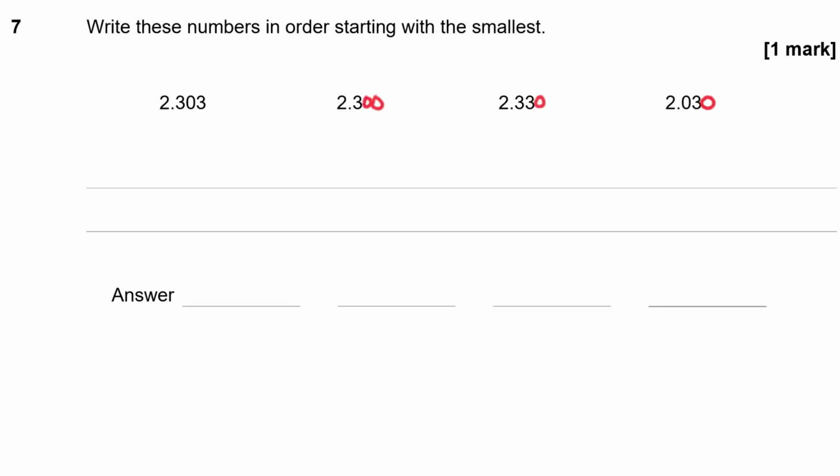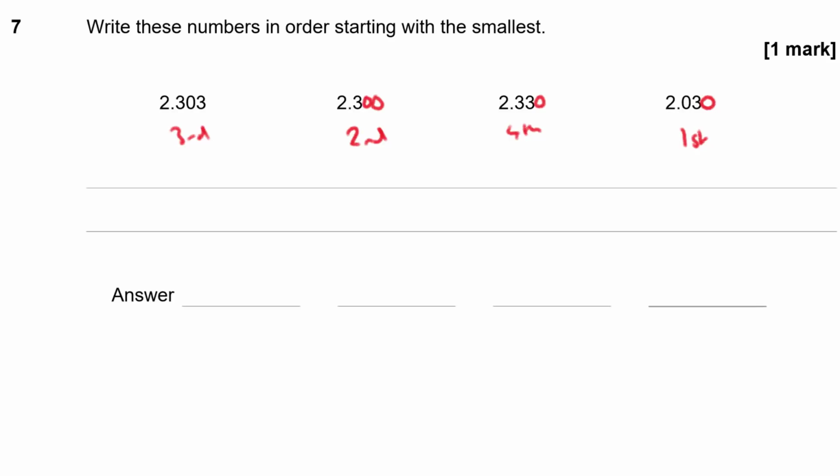So having a look at our numbers, I think 2000, now you can read them like thousands, 2030, 2300, 2303, 2330. So now I can easily see that's going to be my smallest. That one's going to come first. Then my next biggest one is going to be that one. My third biggest is that one there, and my biggest one is that one there. So that's the order that I'm going to write them down in.